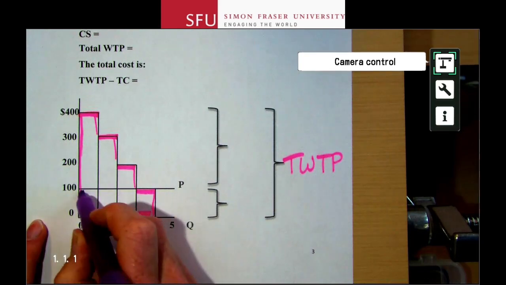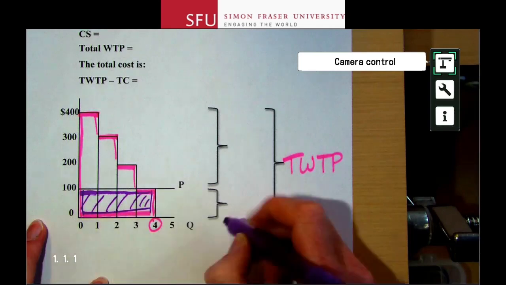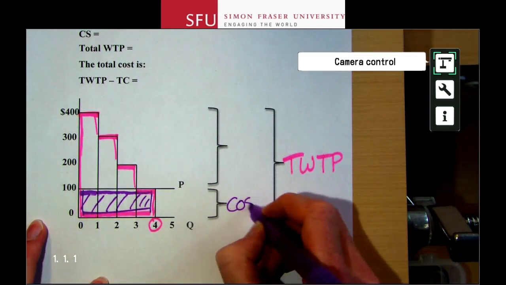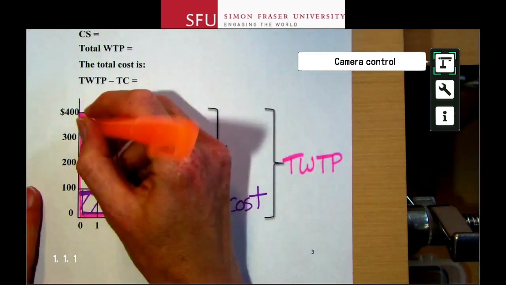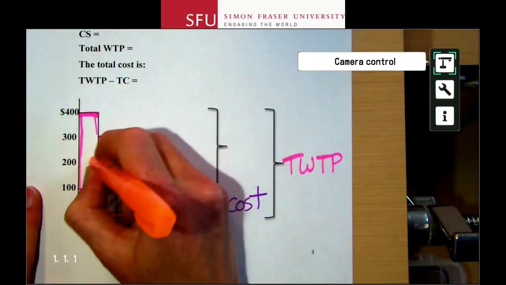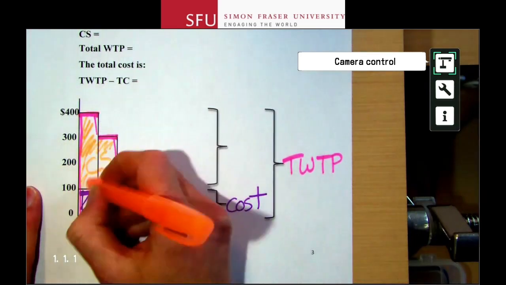So the cost is the price times the quantity. Cost. And so then the surplus is the difference, which will be this area up here, consumer surplus.